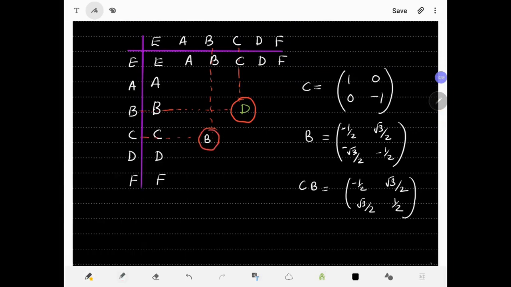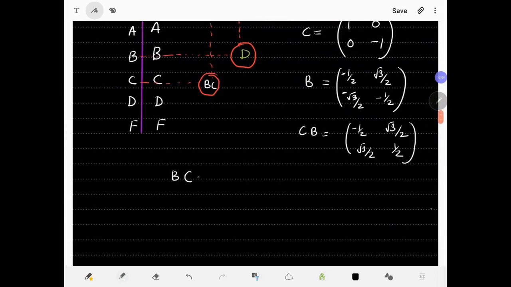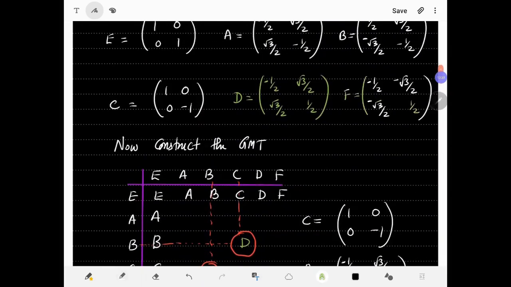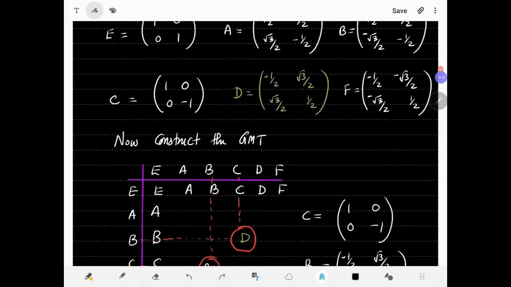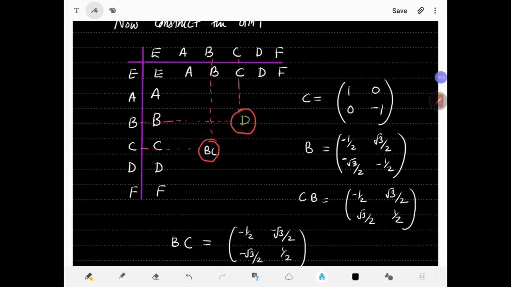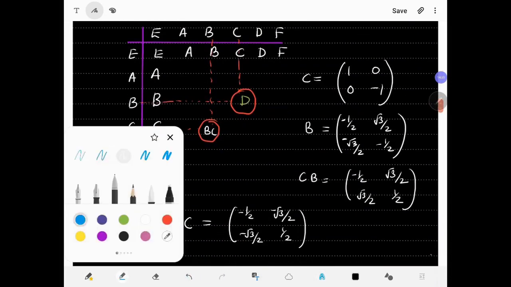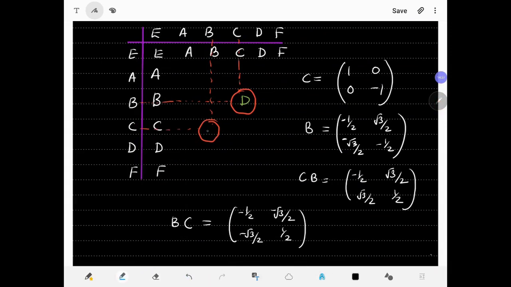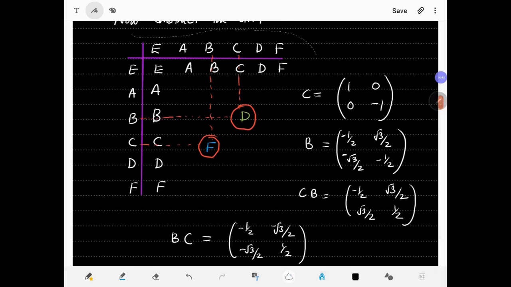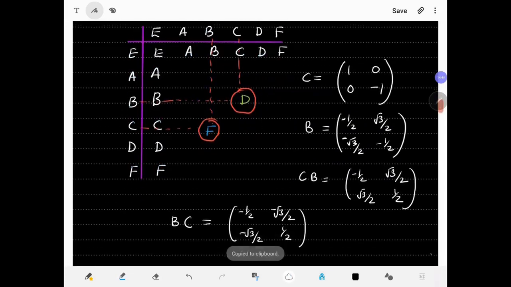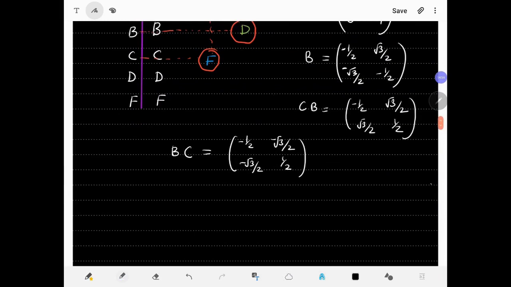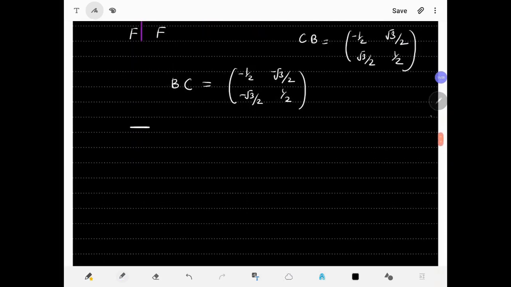And the combination BC, which is given as minus half, minus root 3 by 2, minus root 3 by 2, and half, is exactly equal to the matrix F. This we have seen in our calculation, and we see that the combination BC is equal to F, and combination CB gives D, and hence they do not commute with each other.